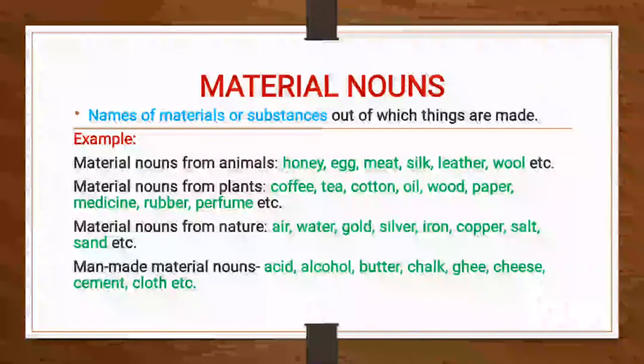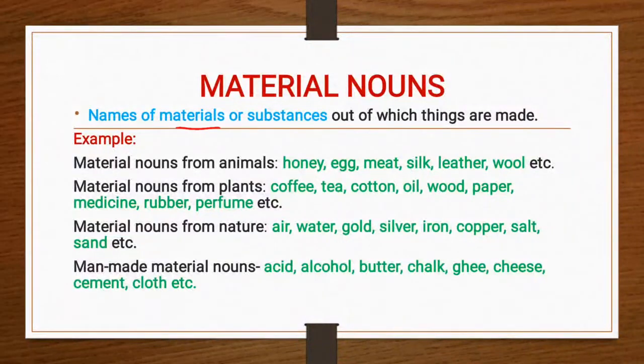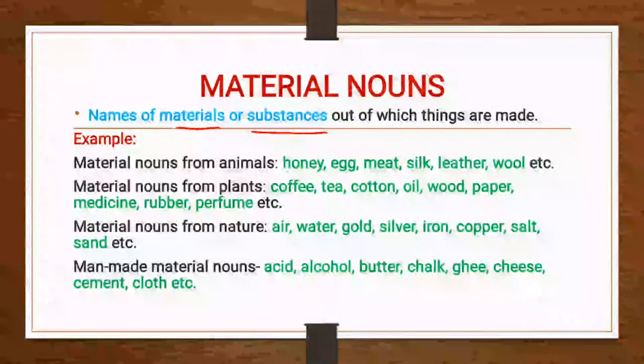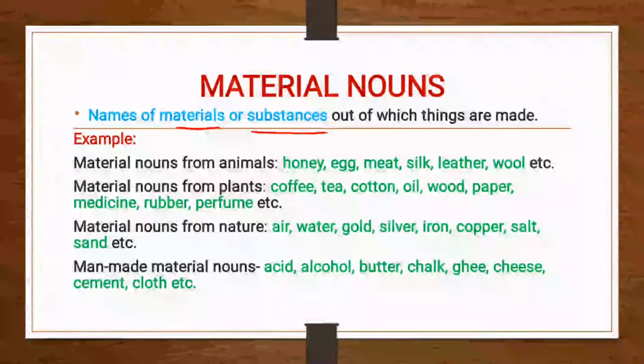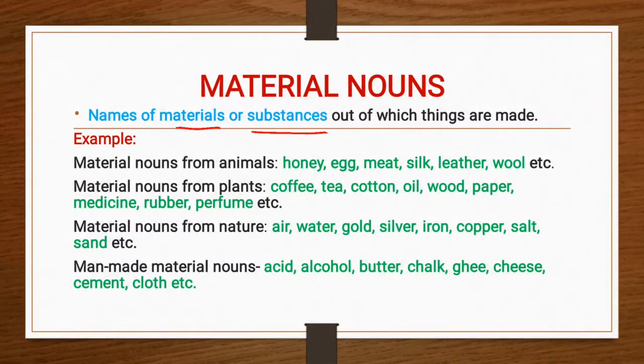Material nouns are names of materials or substances out of which things are made. So words like gold, wood, iron, diamond, plastic, milk, water, these are all considered material nouns. Material nouns are uncountable. We cannot count them and they are found in concrete form.